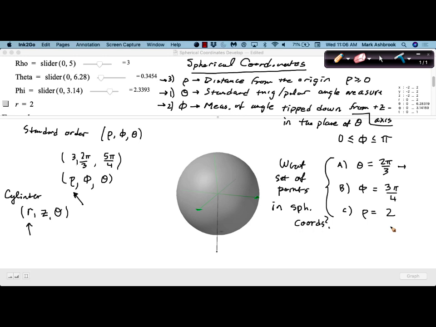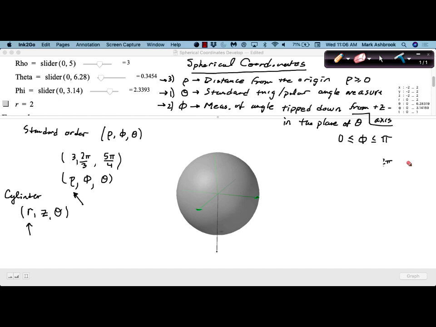Questions on the basics. All right, so let's talk about the relationships between rectangular and spherical coordinates and cylindrical, right? So we're going to bring together.